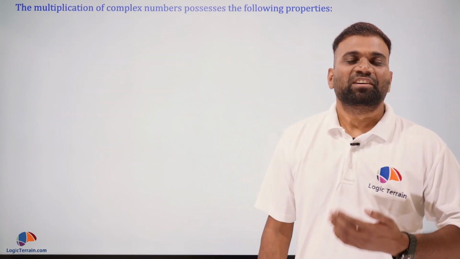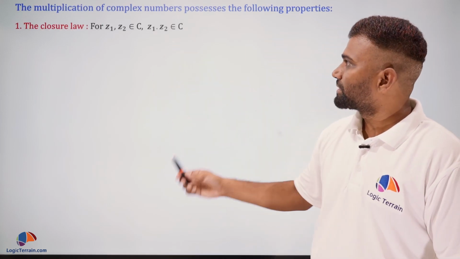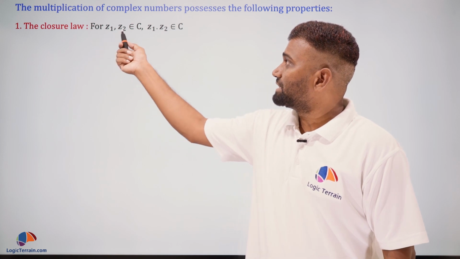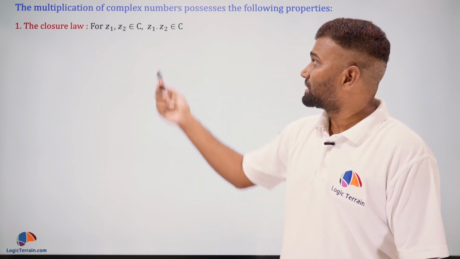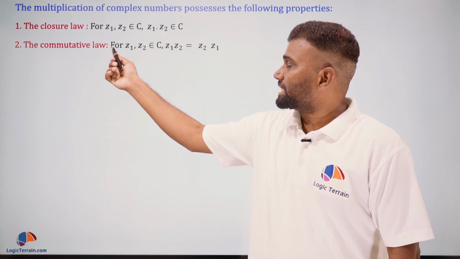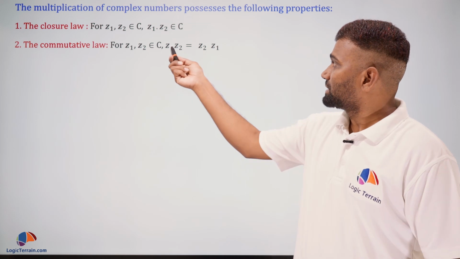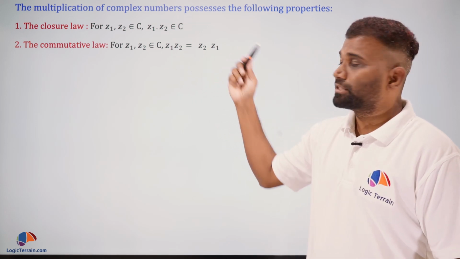The multiplication of complex numbers possesses the following properties. Closure law: for z1, z2 belonging to complex numbers, their product also belongs to complex numbers. Commutative law: z1 into z2 is equal to z2 into z1.